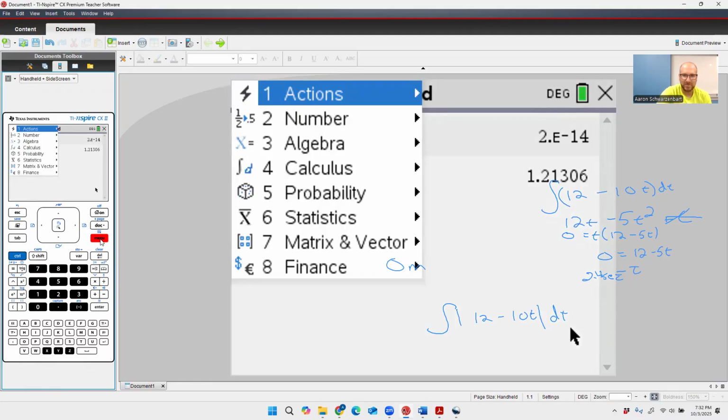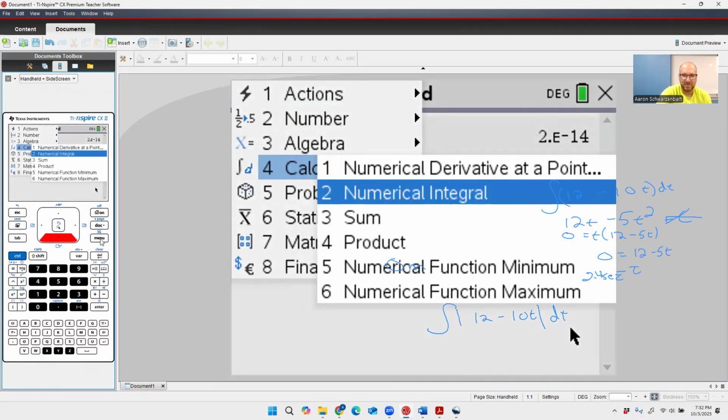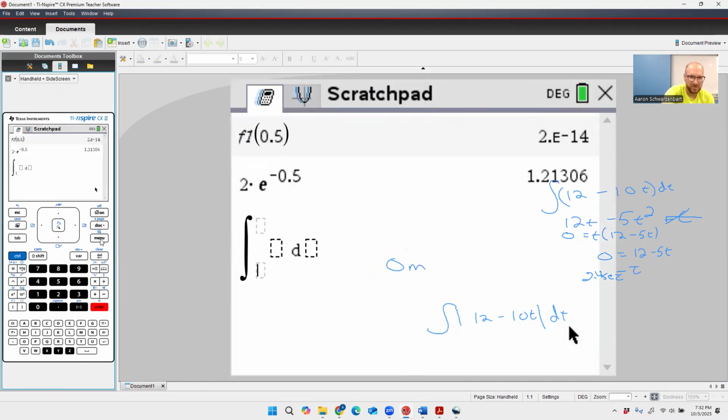Menu, calculus, numerical. Wait, that's not a numerical integral. Oh yeah, it is. It's 0 to 2.4, so that's when it hits the ground. I almost forgot my bounds.